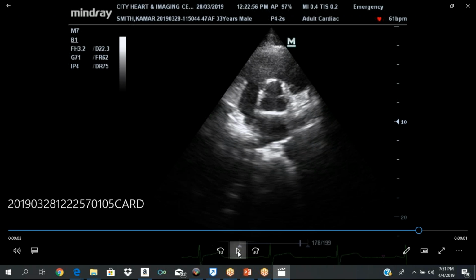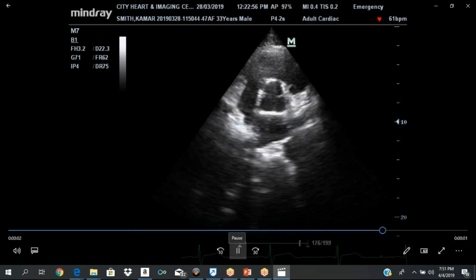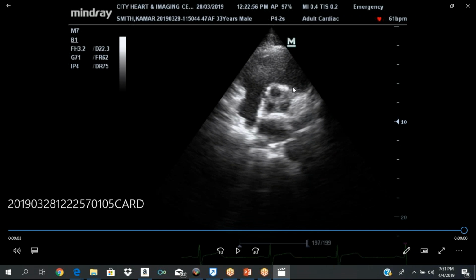Then we put it in motion. This is your pulmonary valve over there.